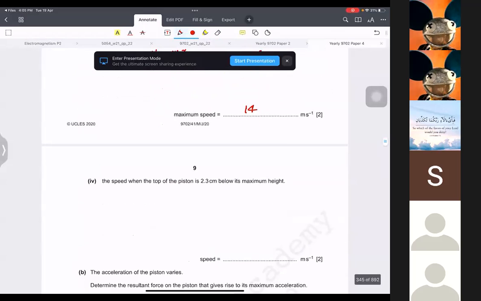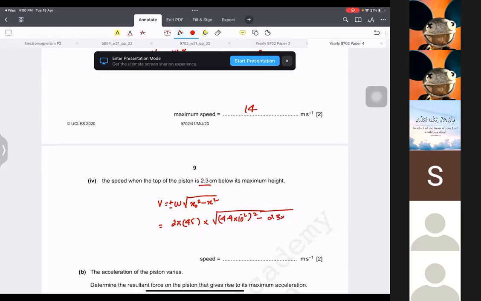That's pretty simple, right? Speed when the top is this. Okay, that's simple. V equals to omega under root x naught square minus x square, plus minus. So omega आ गया 2 pi 45, under root x naught आपके पास आ गया 4.9 times 10 raised to power minus 2 whole square minus 2.3 times 10 raised to minus 2 square.